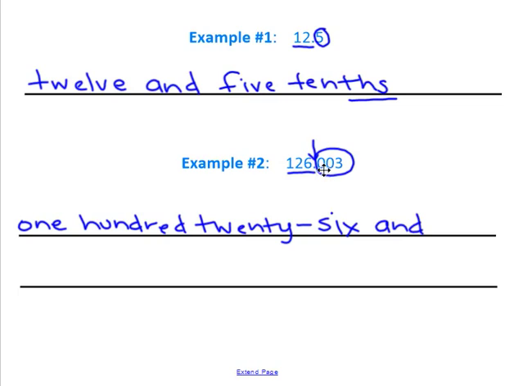This number right here is just 3, but we have to say the last place value. So that's tenths, hundredths, thousandths. So 3 thousandths. Make sure you have that THS on the end, okay?